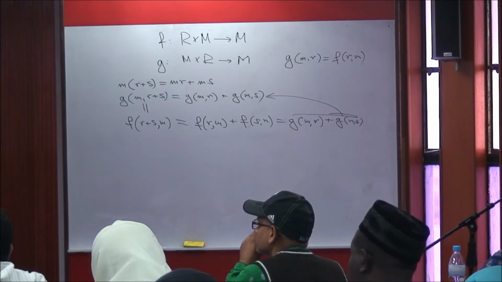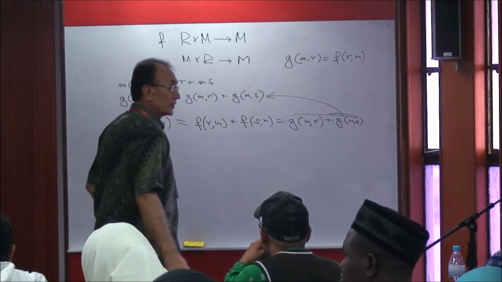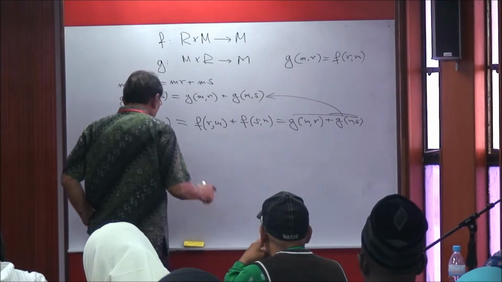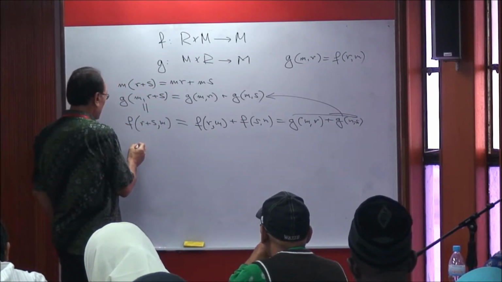Let me check, to show the importance of commutativity, axiom number 3. Commutativity we need for axiom number 3. Okay, let me check.